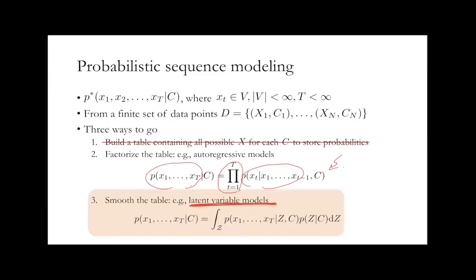However, yet another way to do so is that we can introduce latent variables. You must have learned about latent variables in earlier courses, and then marginalize out the latent variables in order to get a complicated distribution over the sequence.